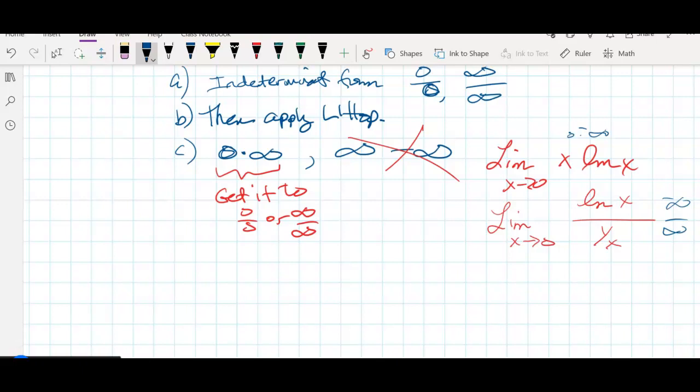Okay? The fourth piece to that was a function to a function. The fourth piece was when you have the limit of a function raised to another function. This was a 2-step process. Remember, we use this idea that e to the ln of x just equals what, everybody?